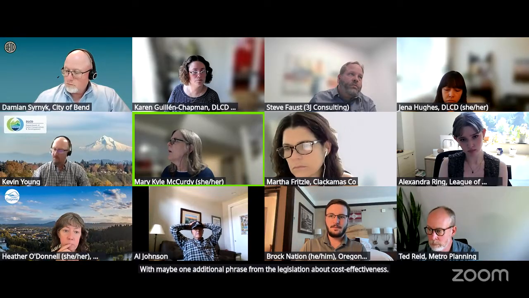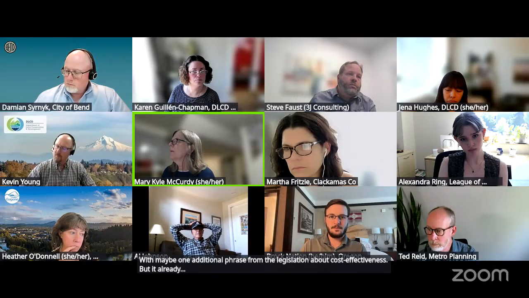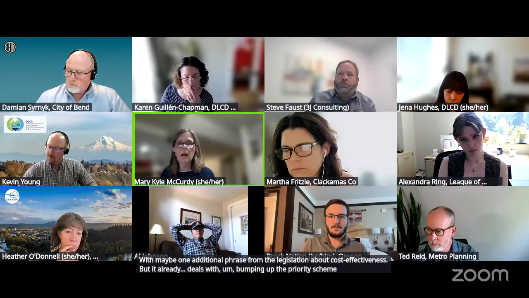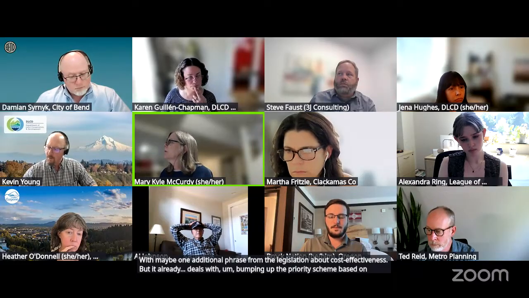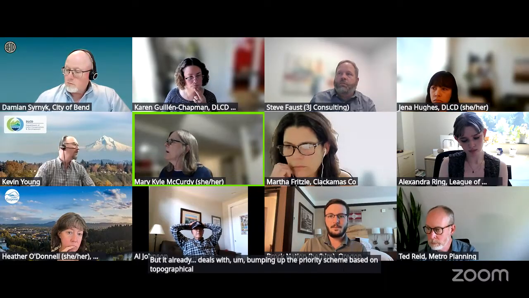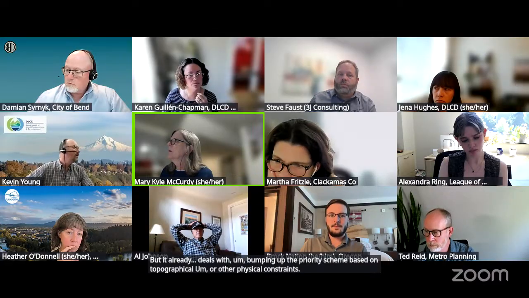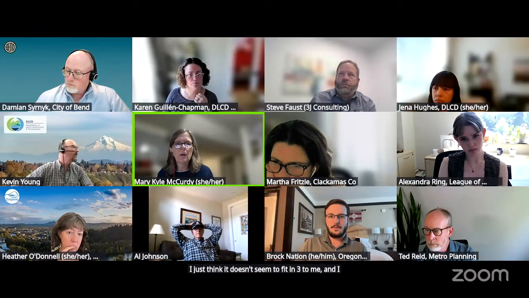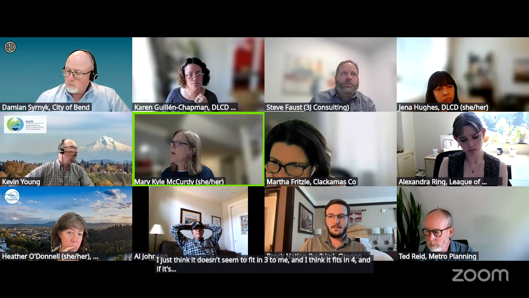But it already deals with bumping up the priority scheme based on topographical or other physical constraints. I just think it doesn't seem to fit in 3 to me, and I think it fits in 4. And if it's in 3 and not in 4, then what does 4 mean anymore going forward?